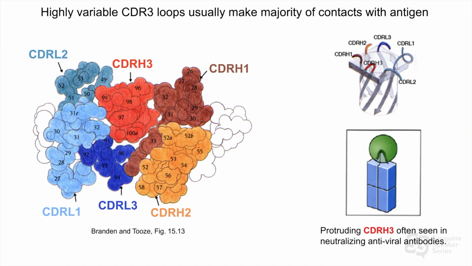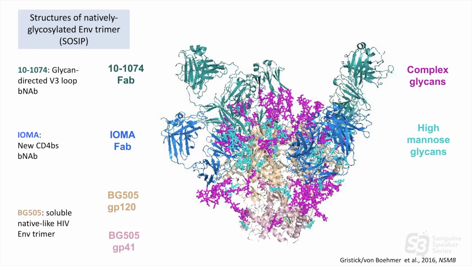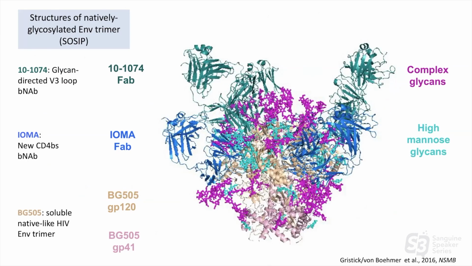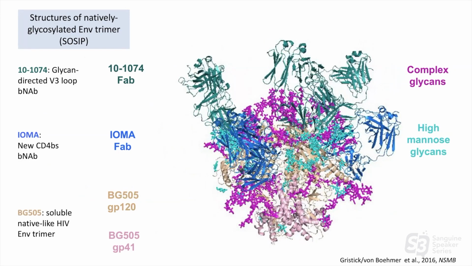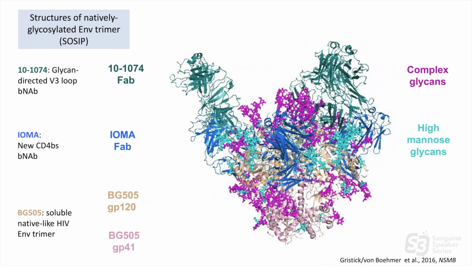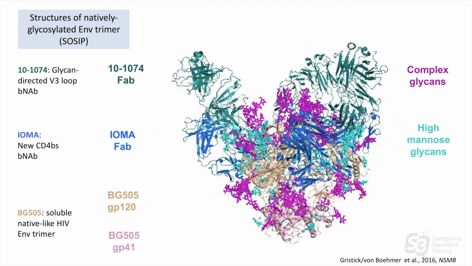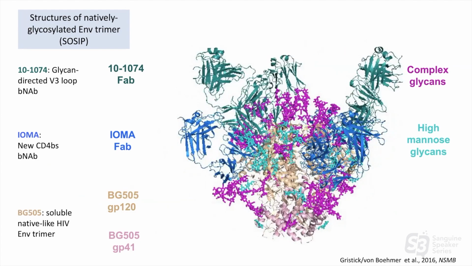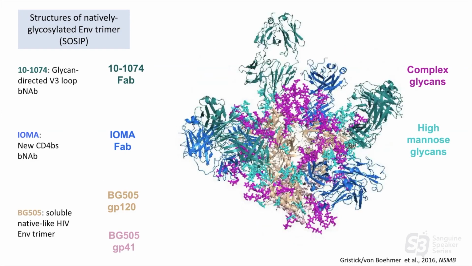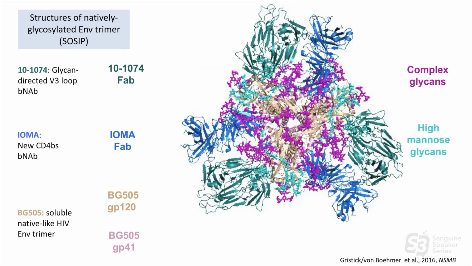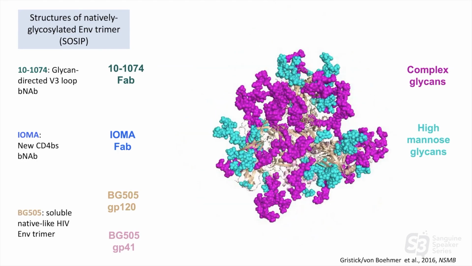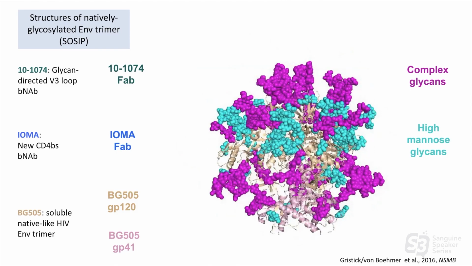So I'm just showing you this movie now, a structure of 2 antibodies against HIV. There's one in a teal color and one in blue. They have particular names that are over there. And you're seeing the HIV spike trimer, and the purple and cyan colors are different types of N-link glycans.